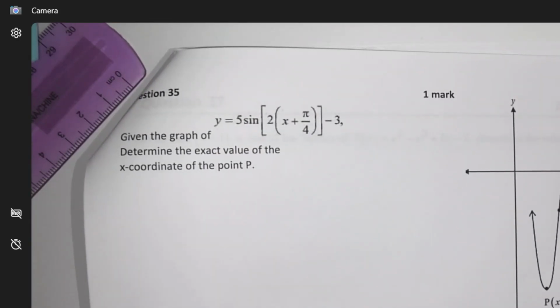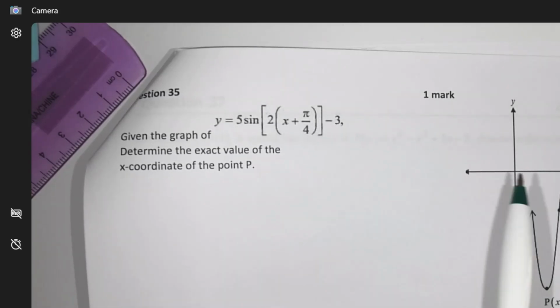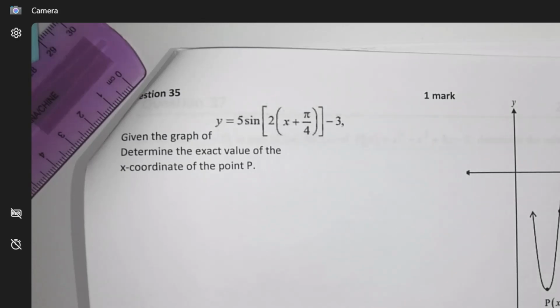Okay, sinusoidal question. Given this equation and then the graph of it here, we're trying to get the x coordinate right there.